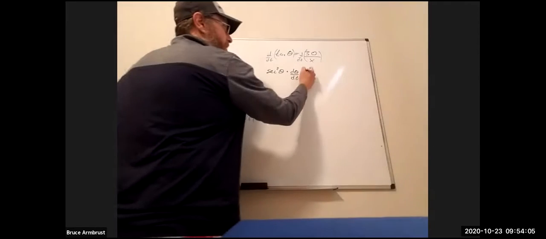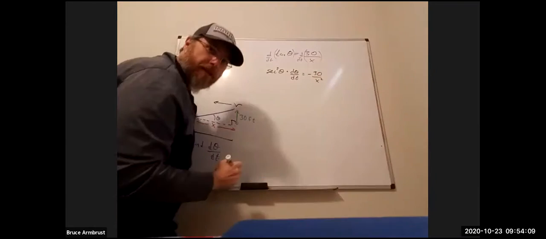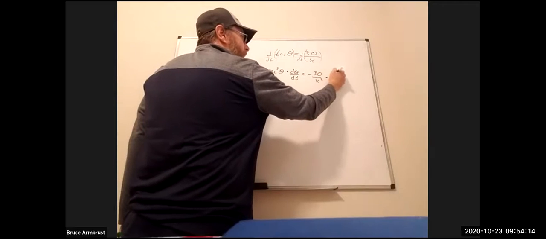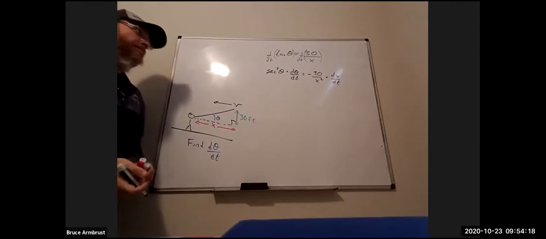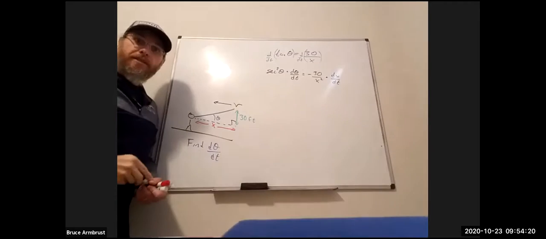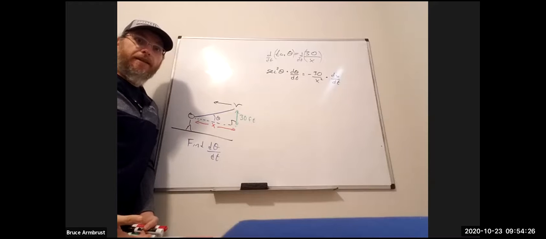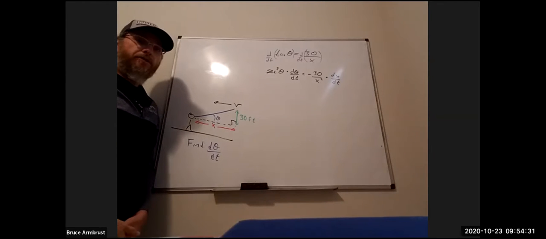Well, if I differentiate that, I'm going to get negative 30 over x squared. That was just power rule. But again, I need to multiply by dx dt. Because that's the chain rule. x is a function of t. It's implied that it's a function of time. So I have to do the chain rule.